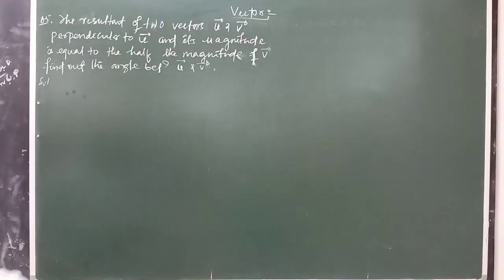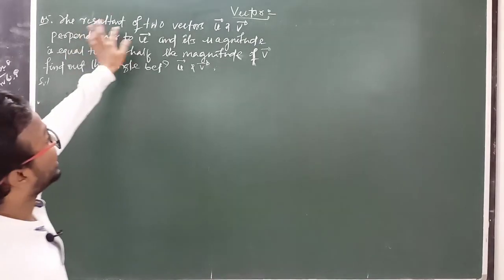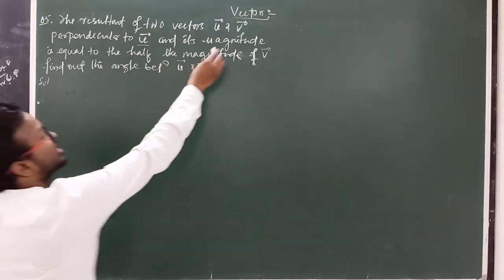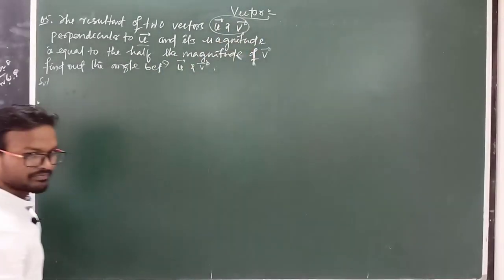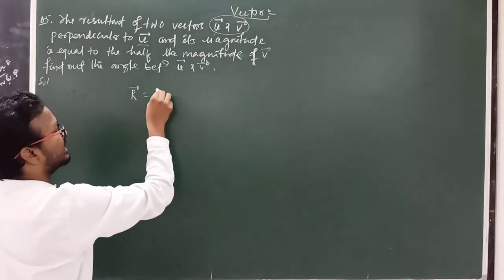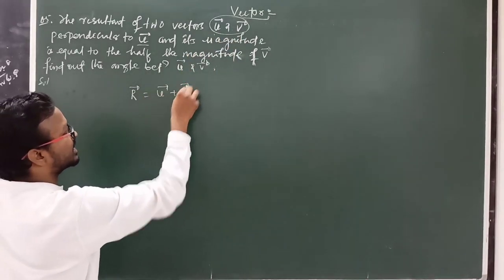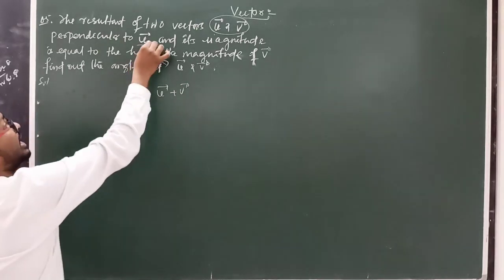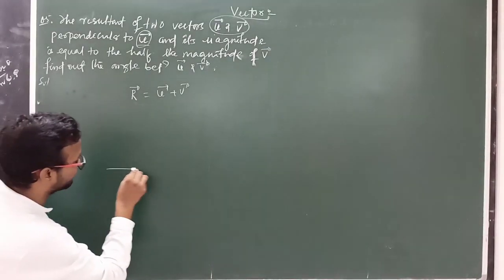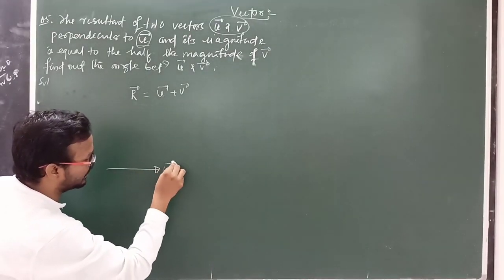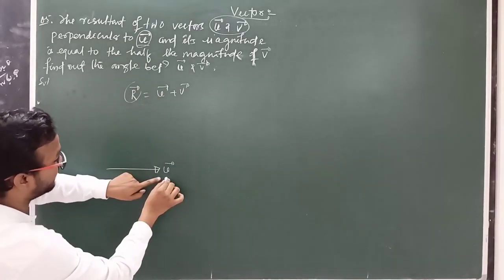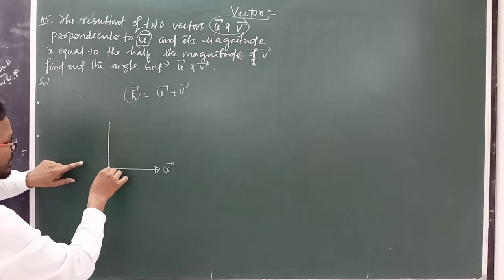Now let's start question number 5. It is given that the resultant of two vectors u and v is perpendicular to u. So suppose r vector is the resultant of u and v, equal to u plus v vector, and this resultant is perpendicular to u. Suppose this is vector u, and the resultant of u and v which is perpendicular to this u vector should be here.